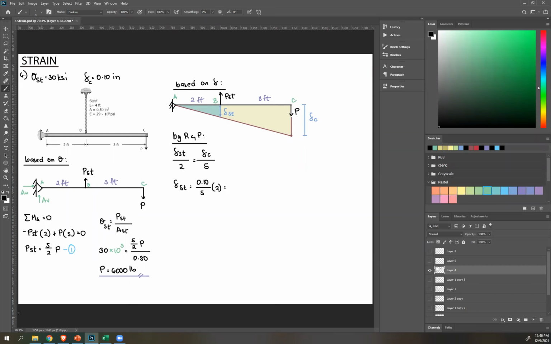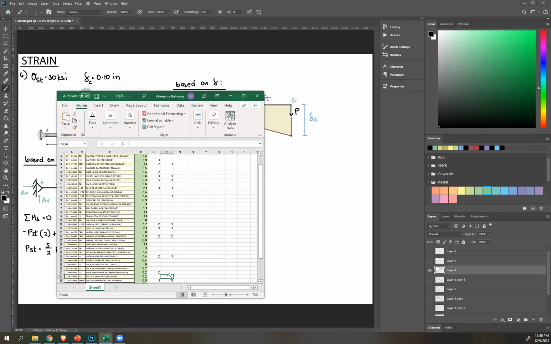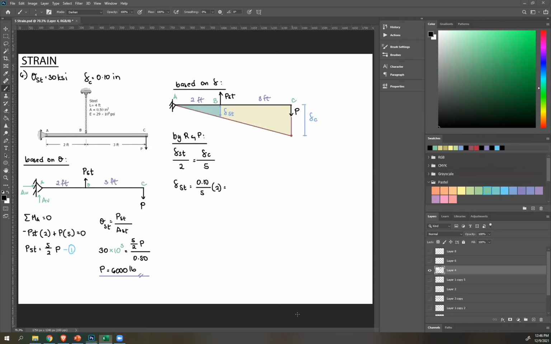Correct, Nathan? Who else? And Naomi. Reynes Cassie. 0.04. Now what am I gonna do with this? Right? Why do I care about deformation of steel?